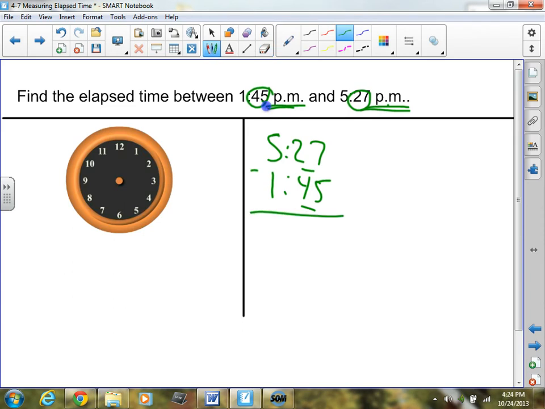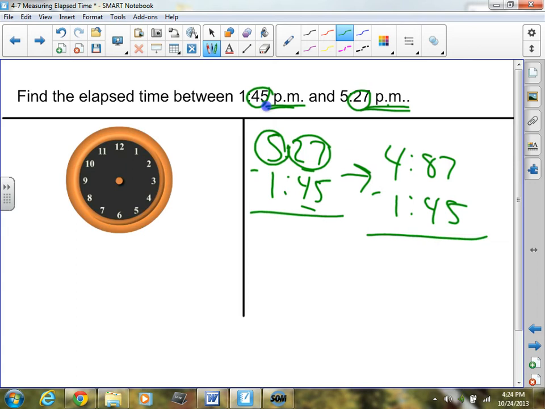The book showed you to take an hour out of this and then add 60 minutes here. Take an hour out, so it's 4 hours, and then add 60 minutes to 27, like that. Now I have renamed 1 hour as minutes, and now I can subtract, so it's going to look like this.